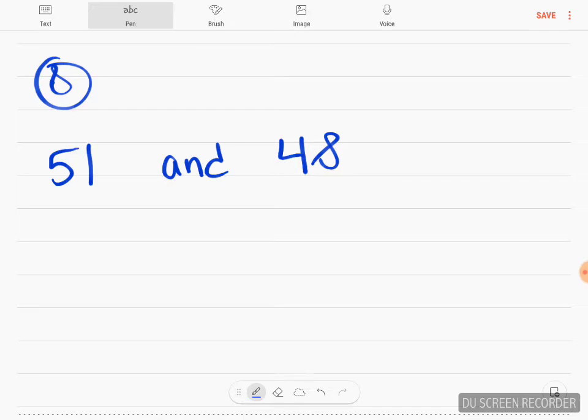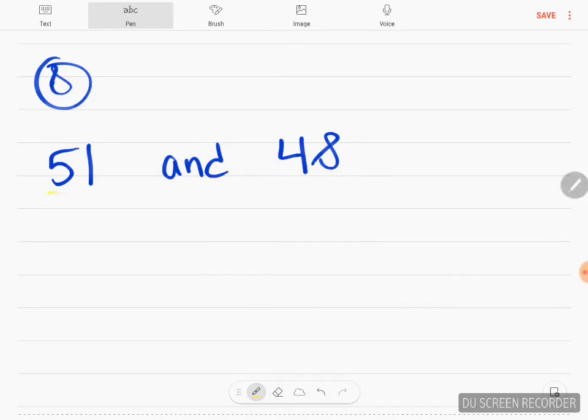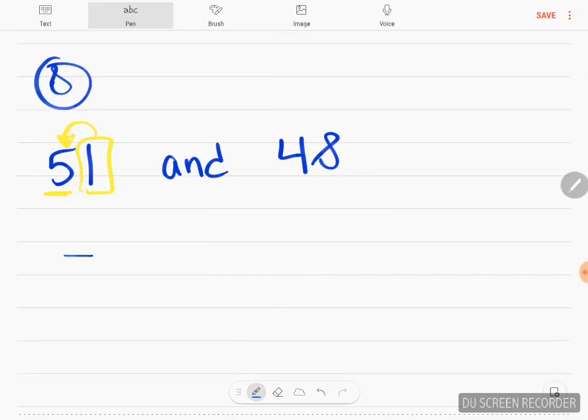So when I look at this 51, underline the 1, I'm going to box this. Does this 1 tell me to take this 5 up to a 6 or keep it at a 5? 1 says keep it at a 5. So this is 50.